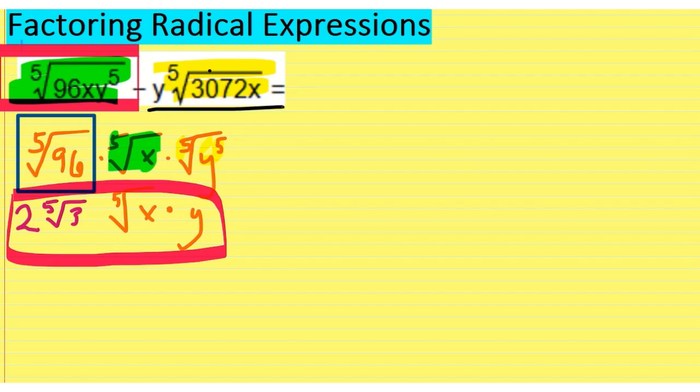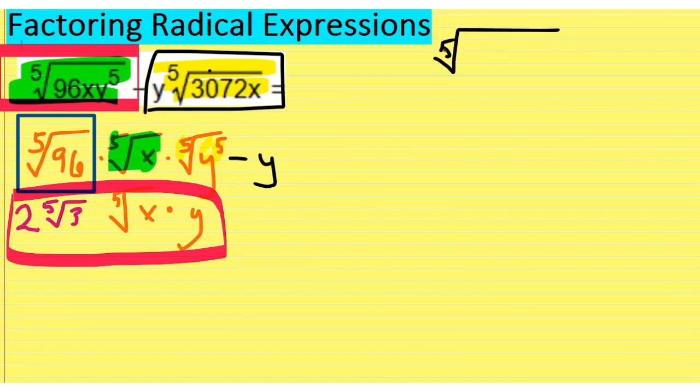We're going to have to break this second term down into its pieces. The y is just there by itself, so we're just going to go ahead and bring it down. I can't break down the y any more than it is, but I do need to look at this fifth root of 3,072. Technically, there's an x with it.